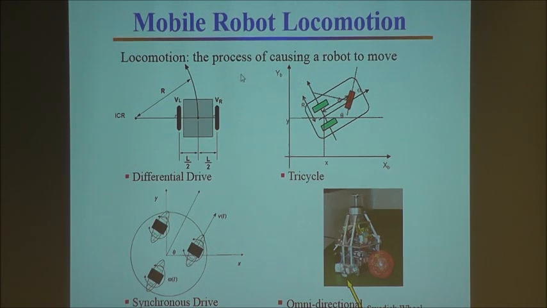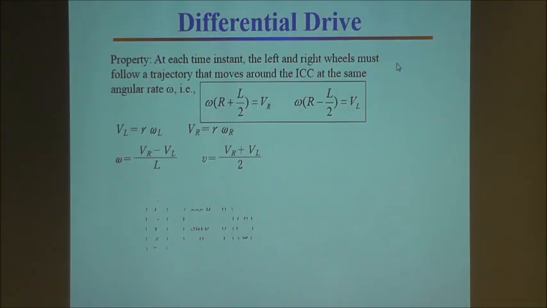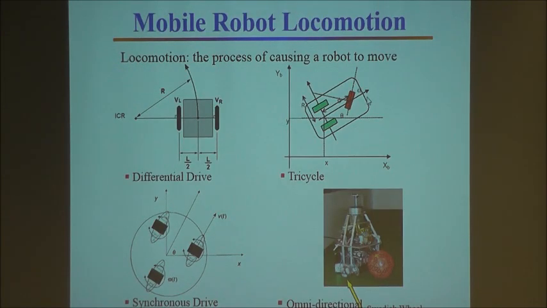So locomotion is the process of causing a robot to move. This is the dynamic model of the typical wheeled robot, right here. The V and omega are related to the left and right velocity, and theta is the orientation angle, this angle right here.